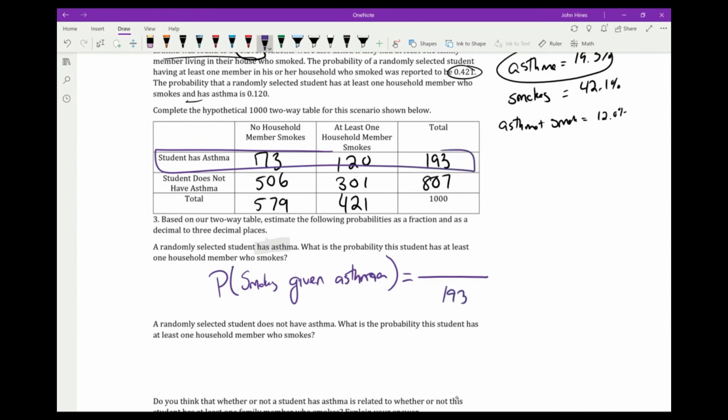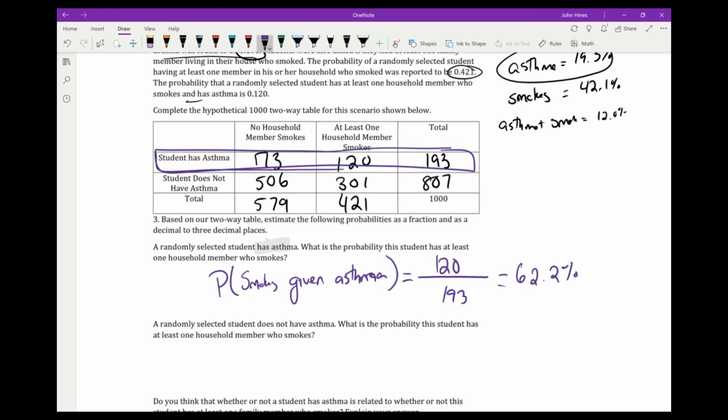So 193 goes on the bottom. Well, how many of them smoke of this row? Not the 73, the 120 do. So if I find a percentage for that, 120 out of 193, I get 62.2%.